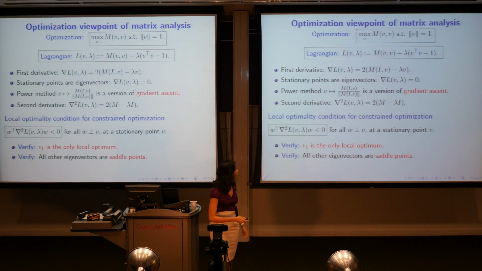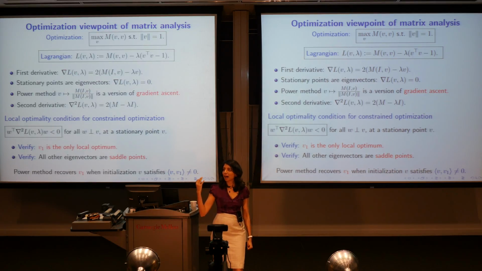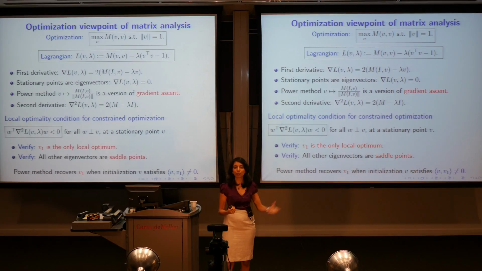So that's the result here: because I have this power method as gradient ascent, as long as I initialize with some component in the top direction, I'm going to converge to the top eigenvector. So this is a very clean optimization viewpoint of the matrix power method, and why it converges to the top eigenvector.